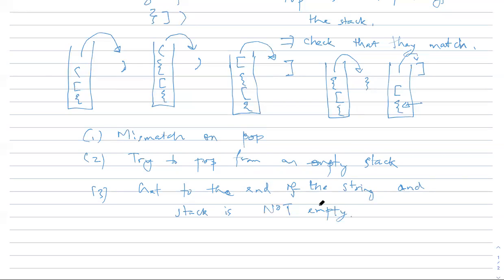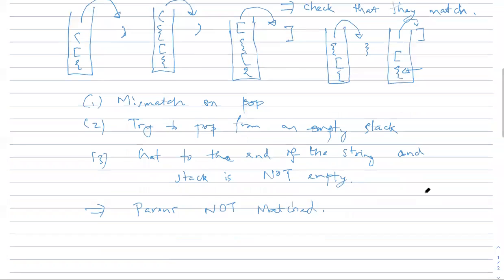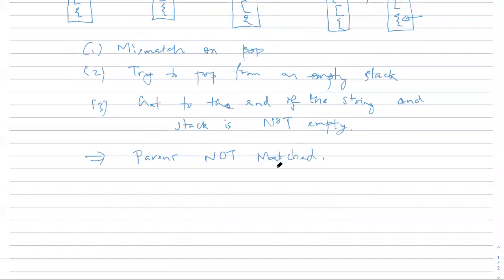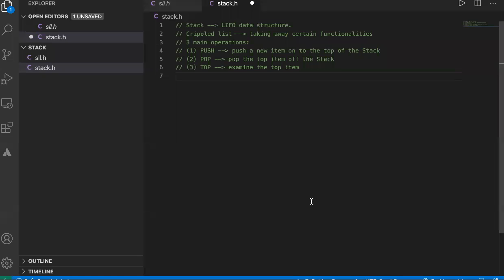In other words, you now have more left parentheses than right parentheses. And if none of these have occurred, then the parentheses have matched properly. So these are the conditions when parentheses are not matched. So you can see the power of the stack coming out here: just with the ability to access the top element, you are able to gain this functionality of matching the parentheses.